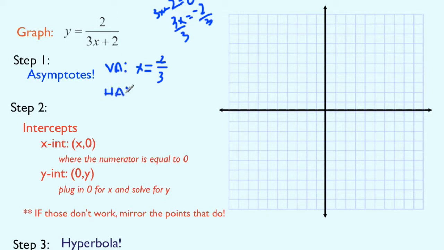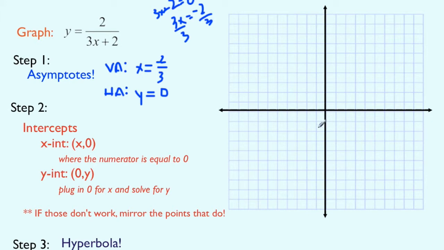Our horizontal asymptote, like I just told you, is in this case at y equals 0. Why is that? Because the degree in the numerator is 0, which is less than the degree in the denominator at 1. So it must be at y equals 0. Everything else is going to be the same.